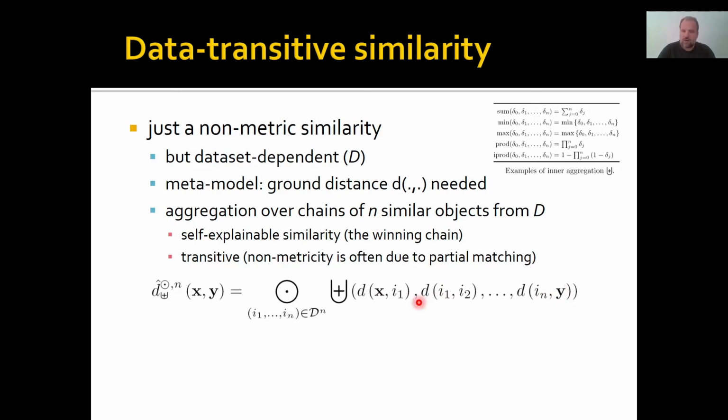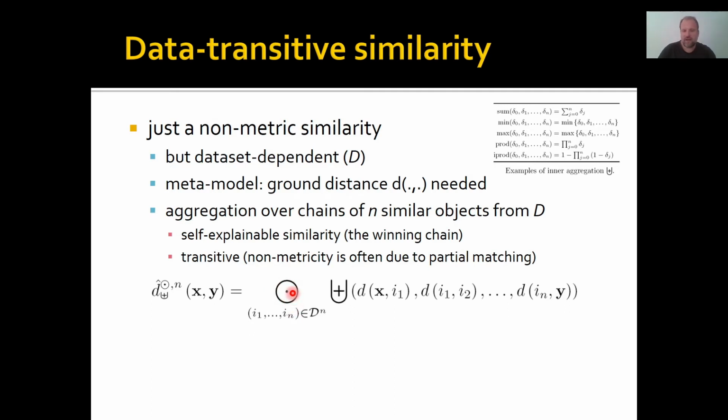For this, we are using inner aggregation, denoted like that, which evaluates the overall similarity between x and y using the consecutive aggregations with the intermediate objects. And finally, we are picking the value of the chain that exhibits the best score with respect to some outer aggregation.